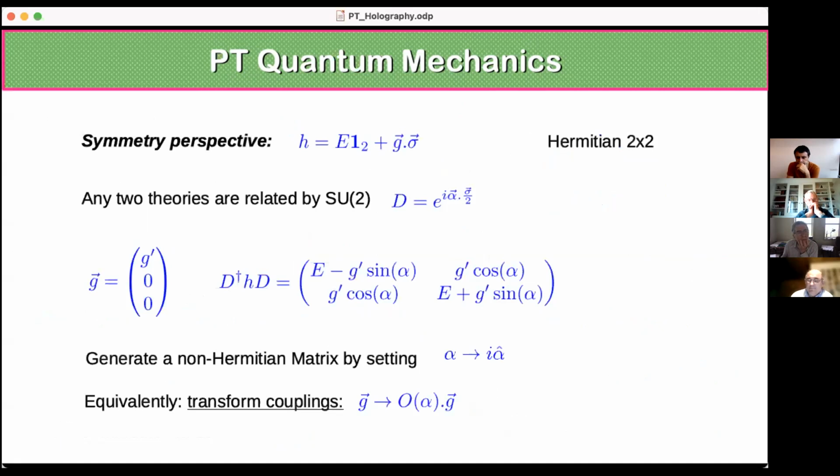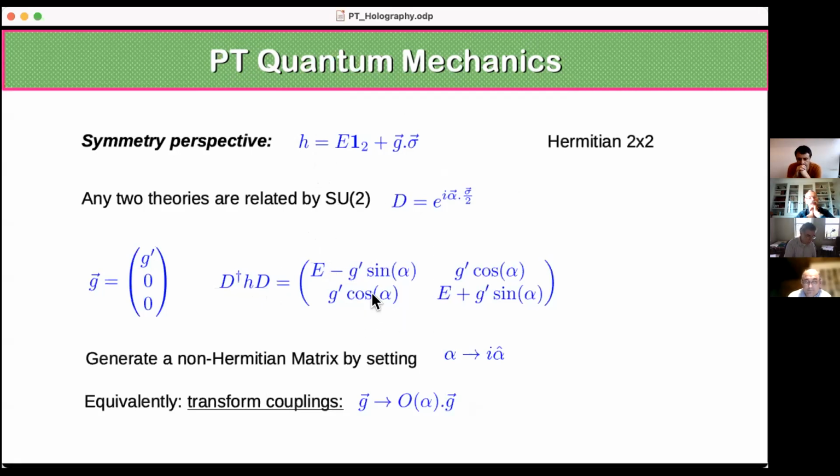A slightly different way of understanding this is what I would call a symmetry perspective, where I start again with a simple two-state quantum mechanical system. Every such system can be written as a linear combination of Pauli matrices with some vector of couplings G. Then any two theories are related by a certain rotation. I could start, for example, with a Hamiltonian which has just the sigma x coupling switched on, and then rotate around some axis, here I think the y-axis, and generate this new Hamiltonian.